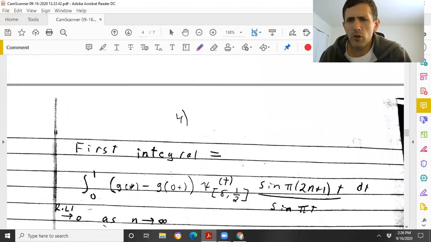The first integral is going to be g of t minus g of 0 plus, integrating from delta to 1/2. So it's really this function times this characteristic function.